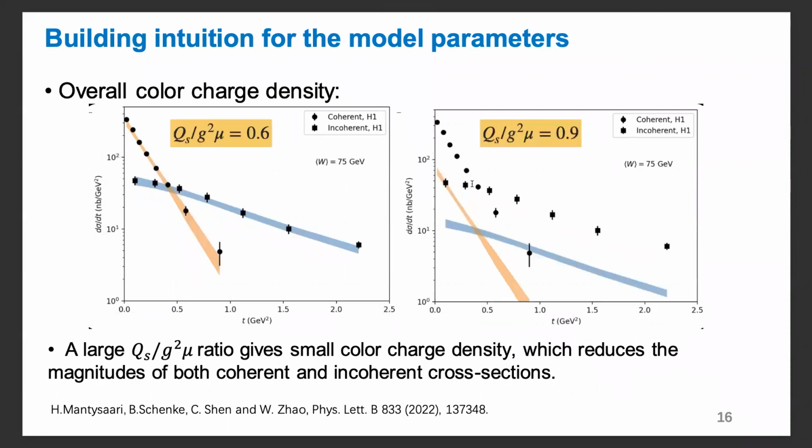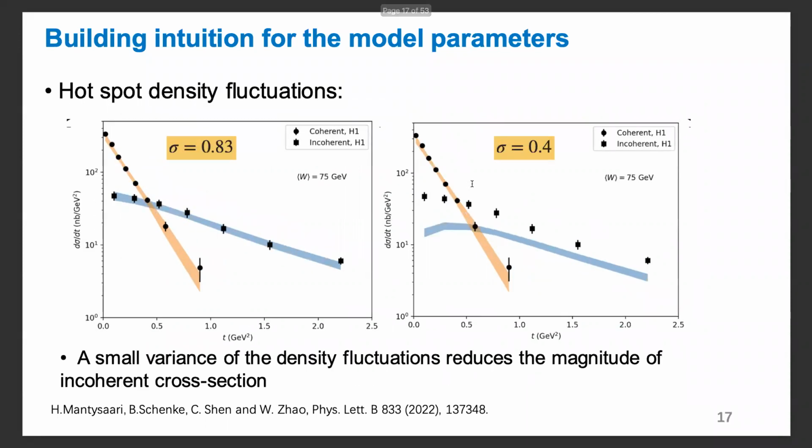And this is the overall color charge density. From left to right, the overall color charge density decreases, so it will decrease the cross sections, both the coherent and the incoherent cross sections. And this parameter shows the hotspot density fluctuations. From left to right, the fluctuations decrease, which means the less fluctuations mainly affect the incoherent cross sections, but have little effect on the coherent cross sections.